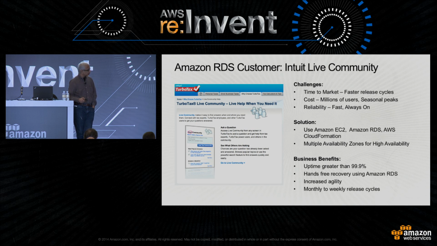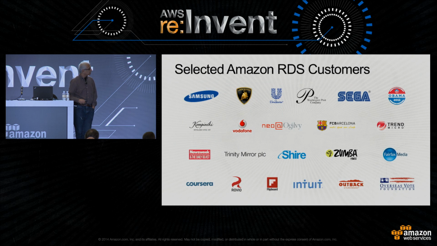And there are lots and lots of other customers who are using Amazon RDS. There are some very big companies. Samsung was an example that Andy also mentioned. Their smart TV business runs completely on AWS and uses Amazon RDS with MySQL, Oracle, and a number of other engines. And of course, my favorite as a Democrat, in 2012, Obama's campaign ran on AWS, and I was pretty excited about it.